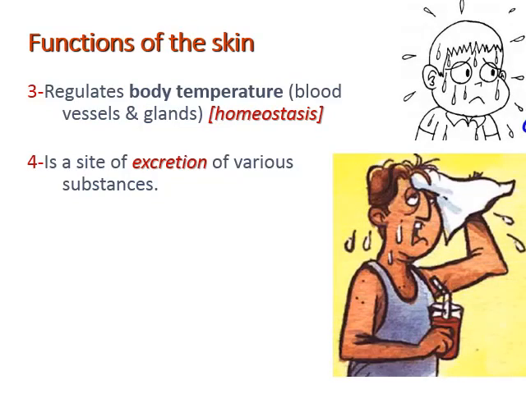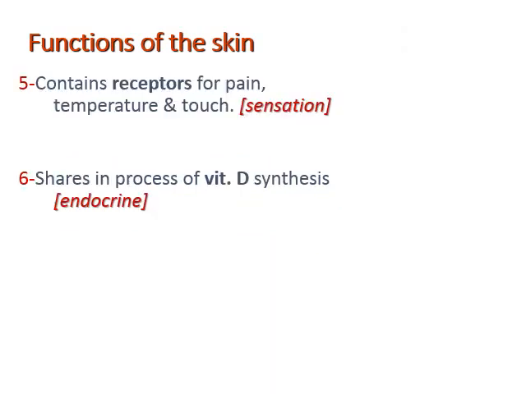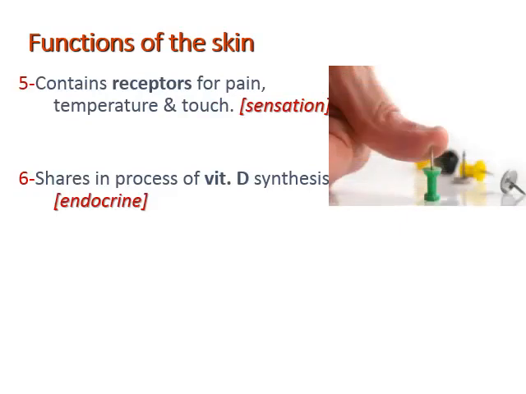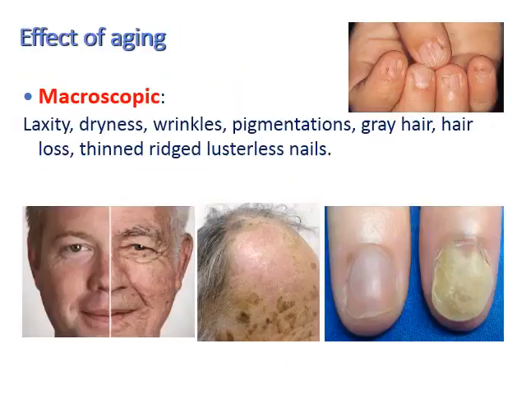When the water in the sweat evaporates, it leads to cooling the surface of the skin. And also skin has an excretory function, as it excretes various substances. Also, skin by its content of different types of receptors is responsible for the sensation of pain, temperature, and touch. Lastly, it also shares in the process of vitamin D synthesis.